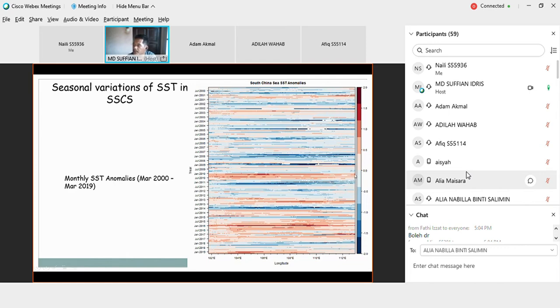So from here we can see, especially January to July 2010, higher than normal temperature. Also January 2016, during 2015, 2016.